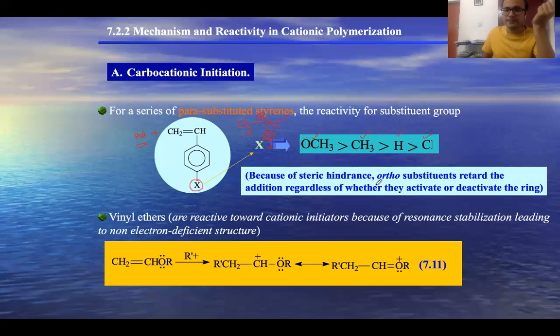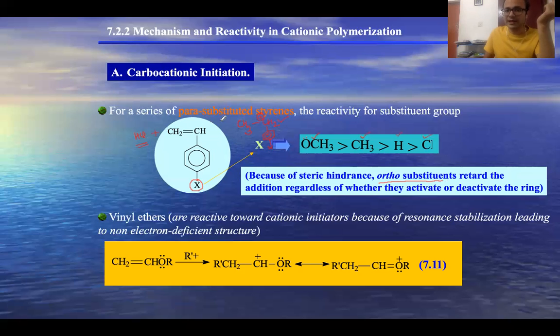And if we have a substituent present at the ortho position instead of the para position, it will retard the addition regardless of whether it is activating or deactivating. Even if you have an activating group present at the ortho position, the rate is considerably reduced. That is because of the steric hindrance caused by the ortho substituent.